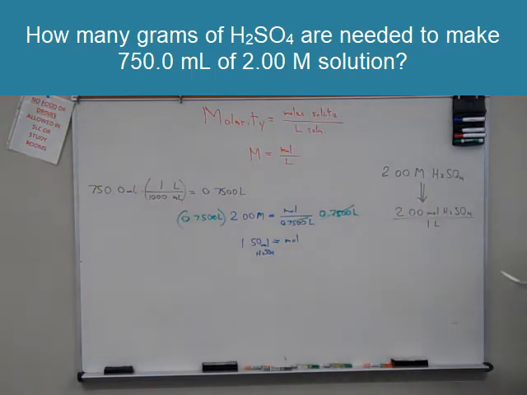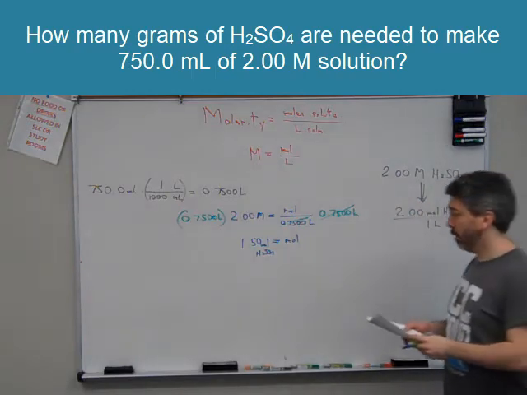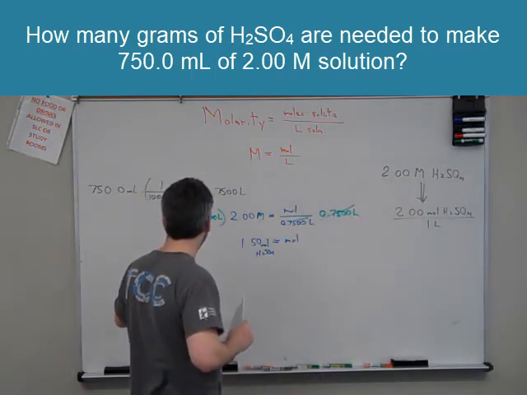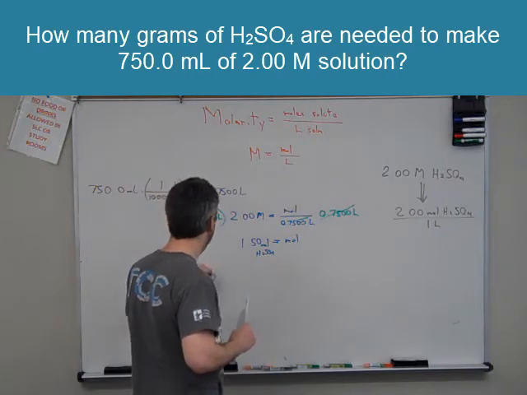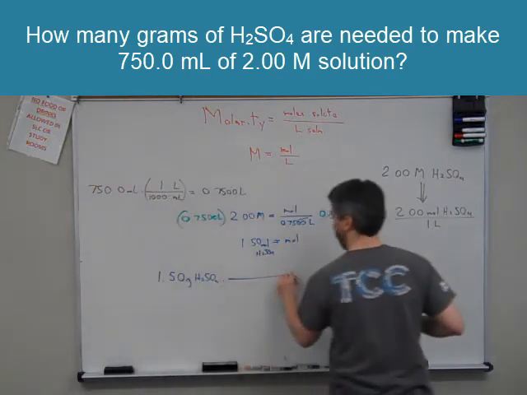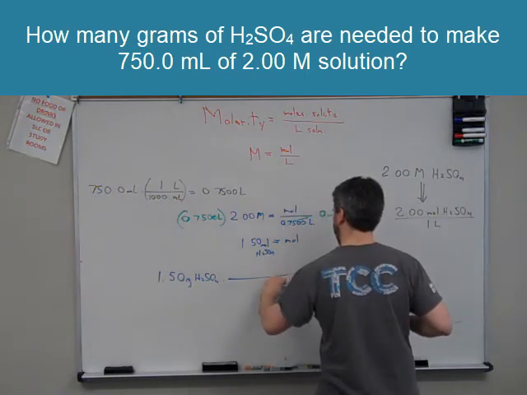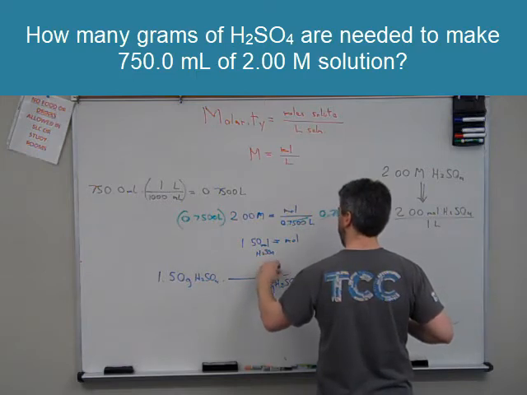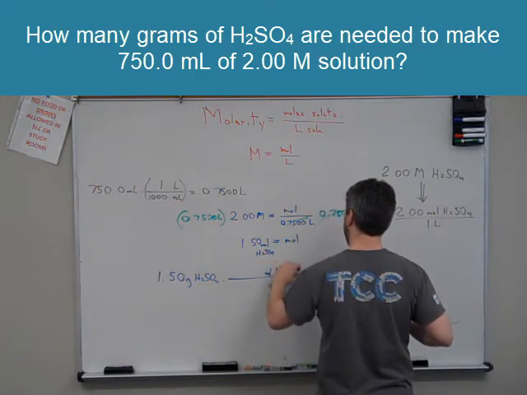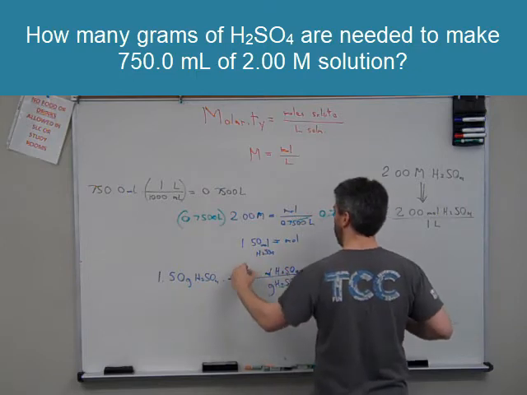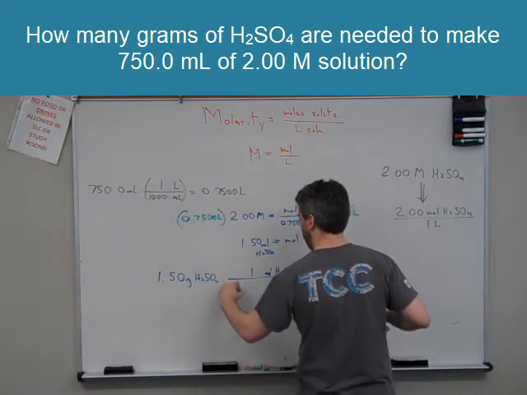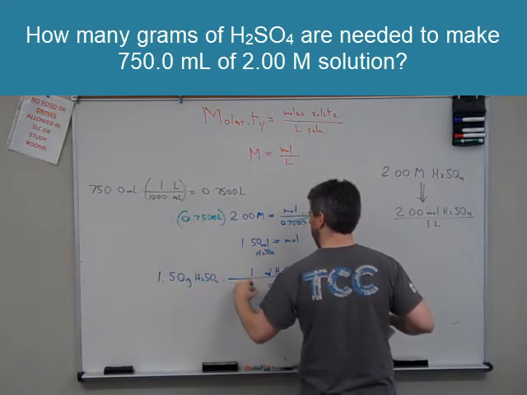Now here's the thing, it's asking me for grams of H2SO4, so I now have to do a separate step of converting moles of H2SO4 to grams of H2SO4. And of course, this is going to require me to find the molar mass. If you do the molar mass correctly, it's about 98.08, roughly.